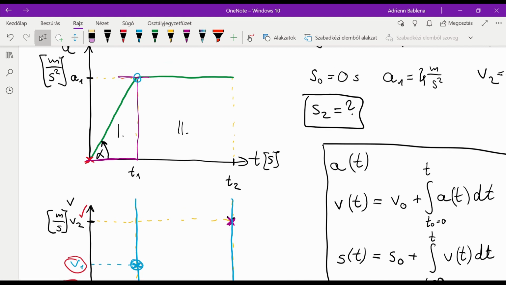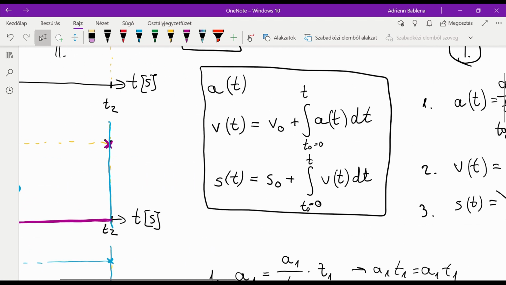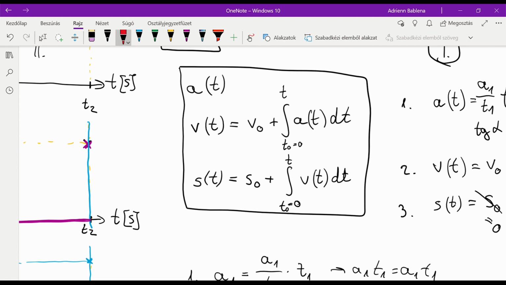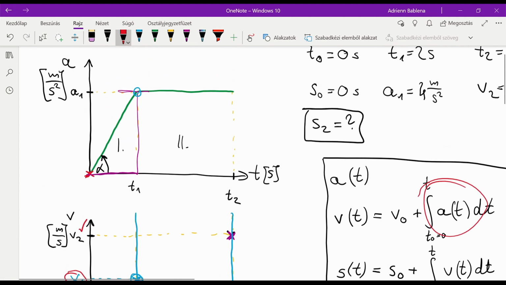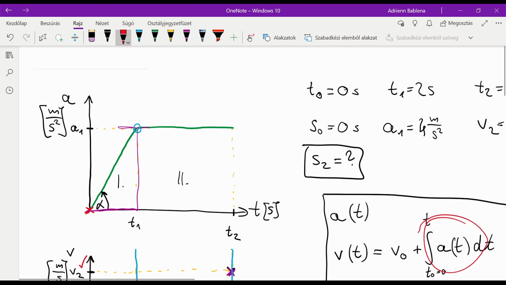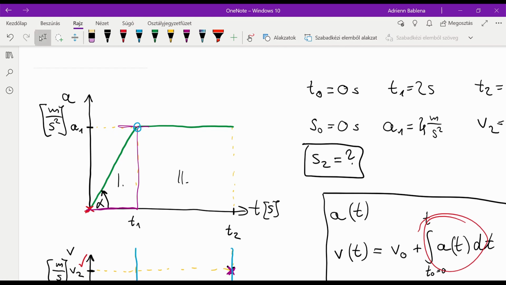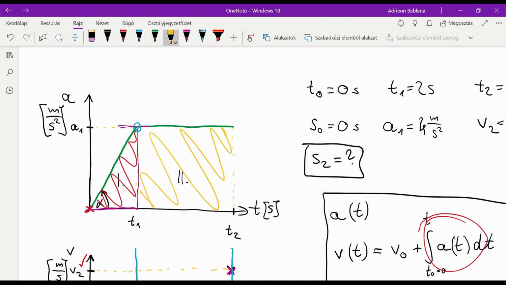So, what is our method? What we know? We have seen that we have to integrate our function. And what is an integral? In general, an integral is area calculation. And we can see here in the AT function two areas, a triangle and a rectangle under our functions.